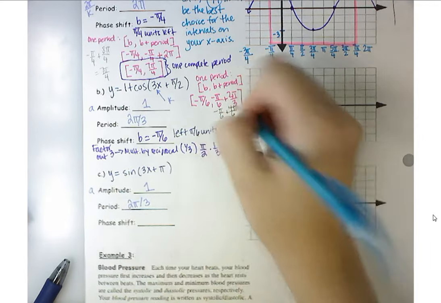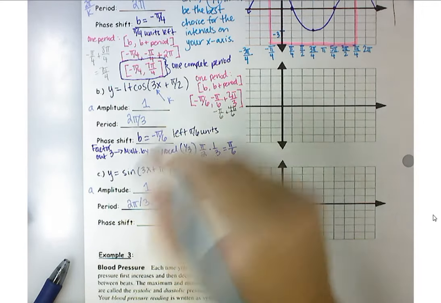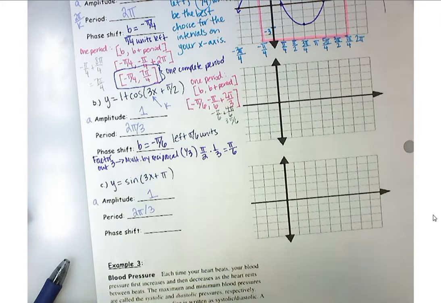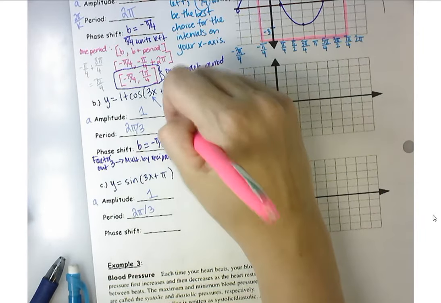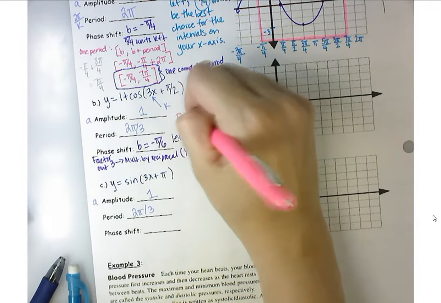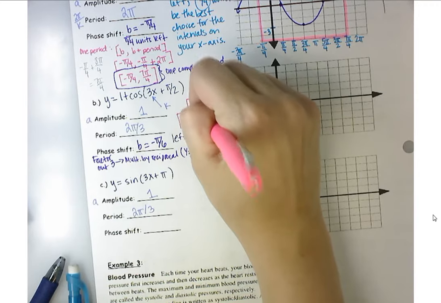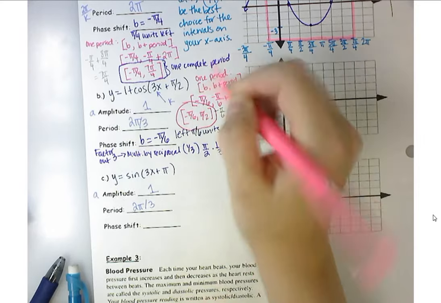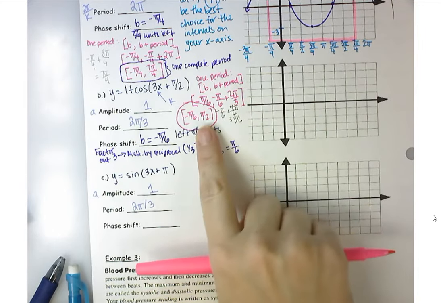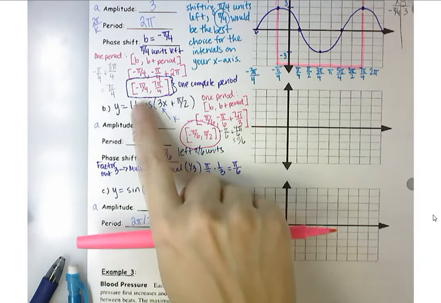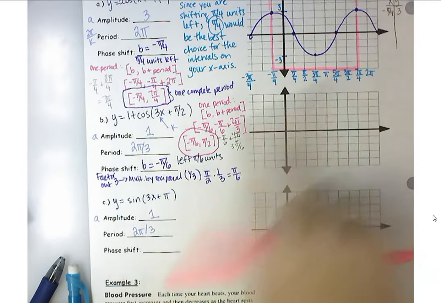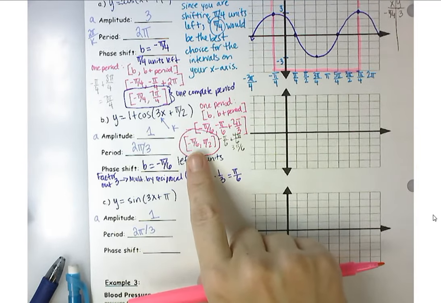So negative pi over 6 plus 4 pi over 6 is what? 3 pi over 6. What does 3 pi over 6 reduce to? Pi over 2. Okay, so one period is negative pi over 6 to pi over 2. So this tells you where you're going to highlight. See how with this one, negative pi over 4 to 7 pi over 4? That's where we boxed it in. This is where we're going to box this one in.